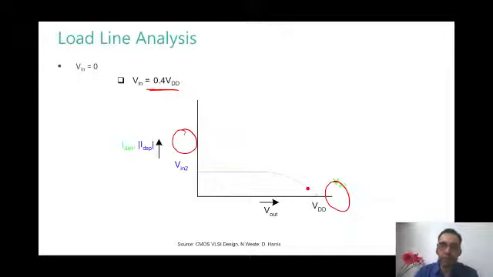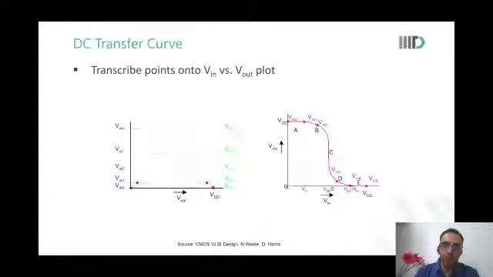You go to Vn equal to 0.6, and the intersection point has now come to almost 0. You go to 0.8, it is at 0. So now when you plot it, V in 0, V in 1, V in 2, V in 3, V in 4, V in 5, you get what you call the transfer characteristic of your inverter. Are you able to see this? Any questions?